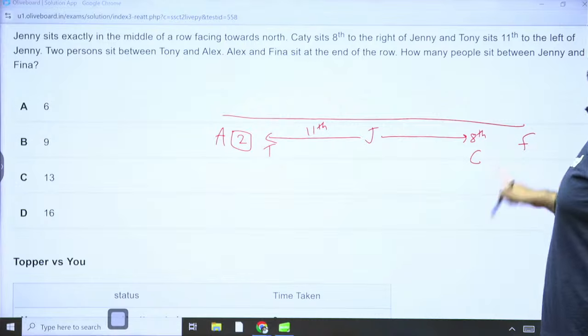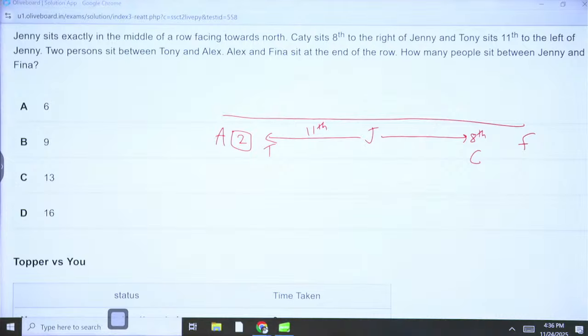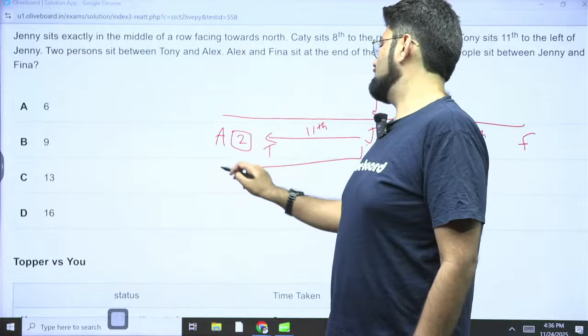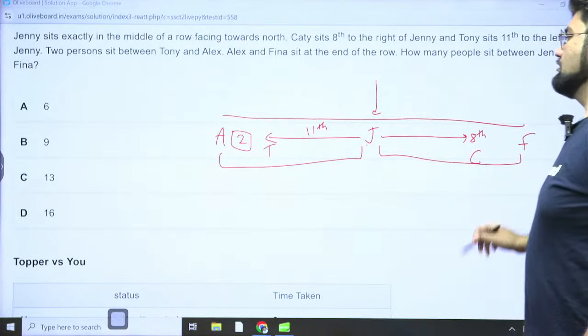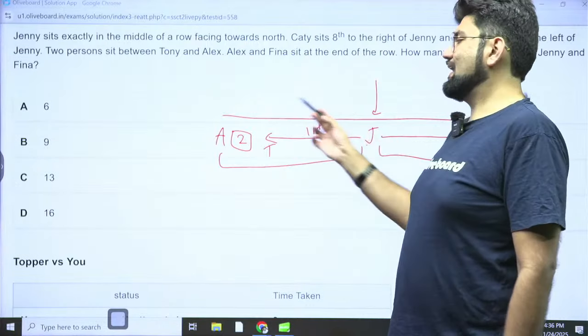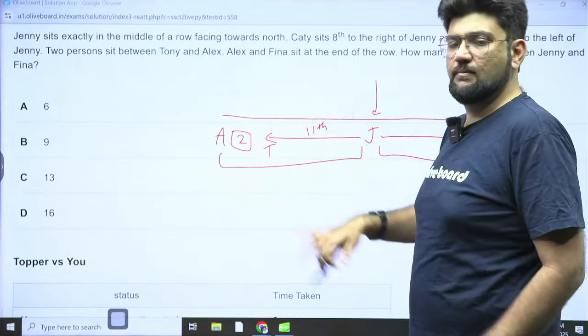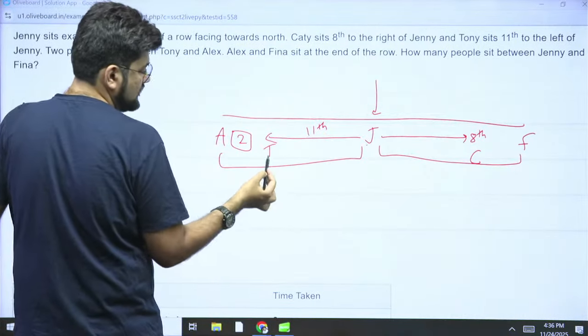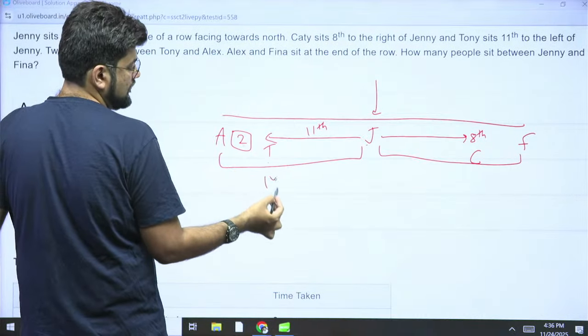How many people are between Jenny and Fina? See, Jenny was the exact center, so the number of people here will be equal to the number of people here. Correct? So if we find out how many are between Jenny and Alex, the same will be between Jenny and Fina.